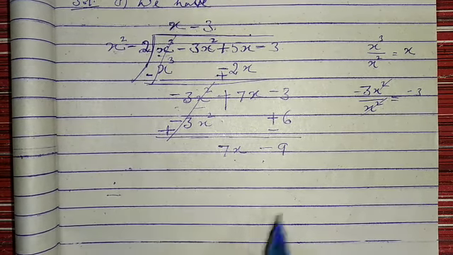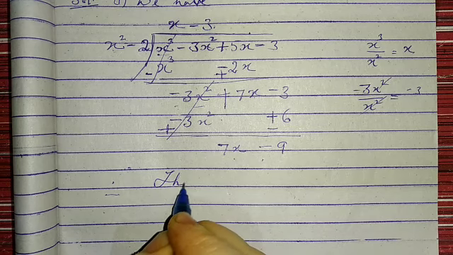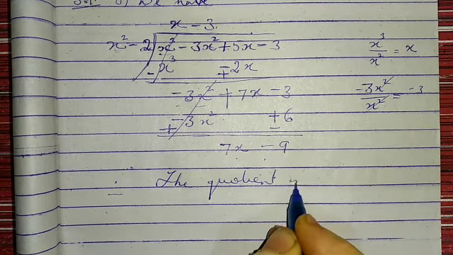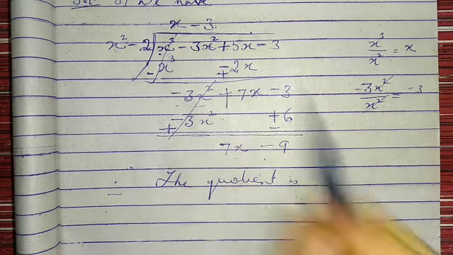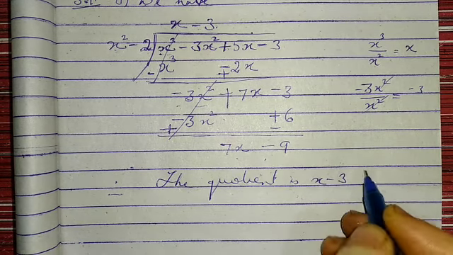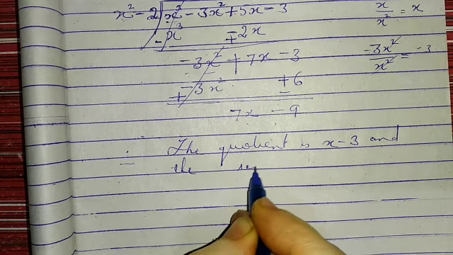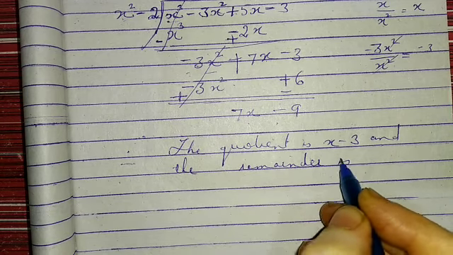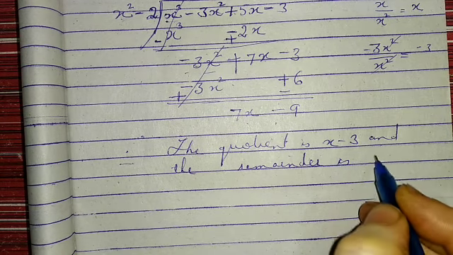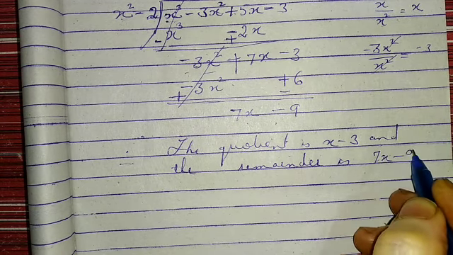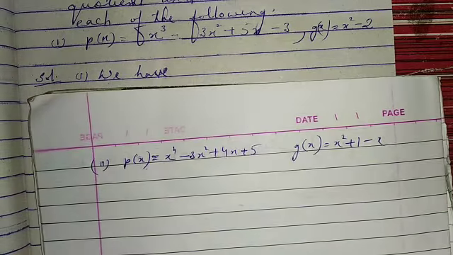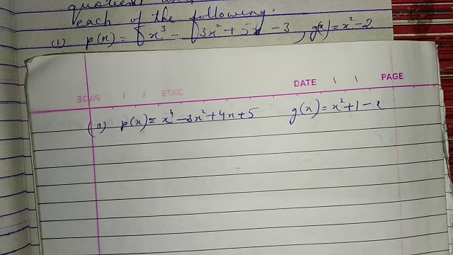Therefore the quotient is x minus 3, and the remainder is 7x minus 9. Now let us solve question number 2.